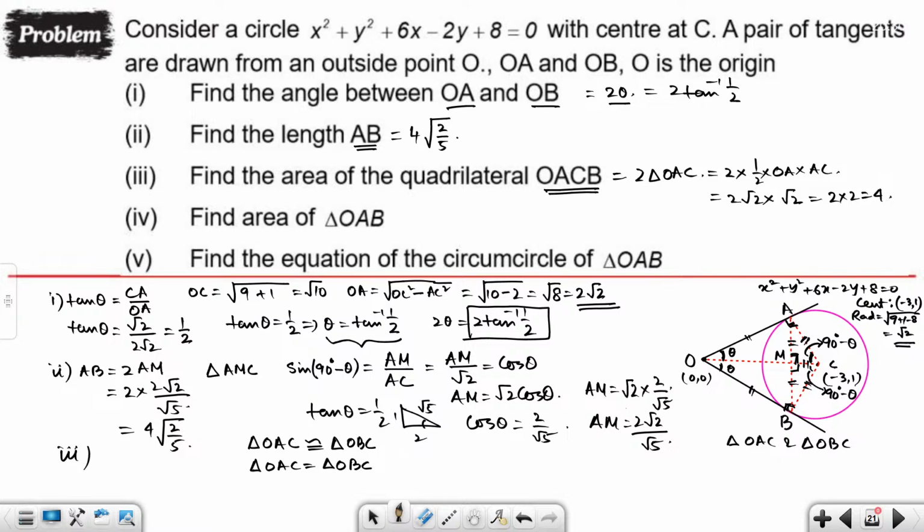Is it clear? Okay. Next question. What is the area of triangle OAB? Tell me. How to find it out?